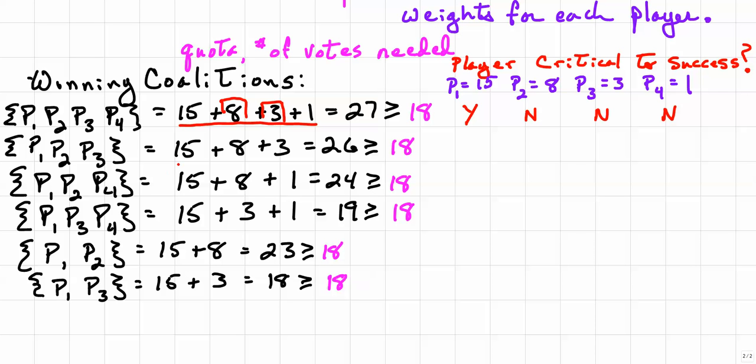Once again, we're going to look at this one right here, and we understand that for this one to work, once again, 15 is the only one that is absolutely critical. I don't need player 2 to vote yes if player 3 votes yes, and I don't need player 3 to vote yes if player 2 votes yes.